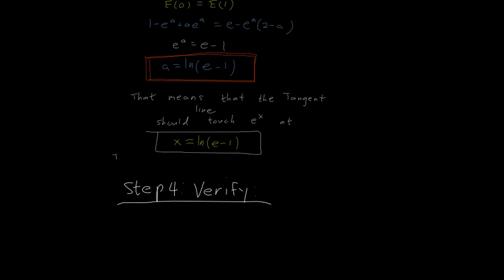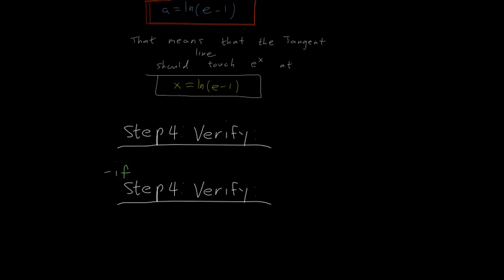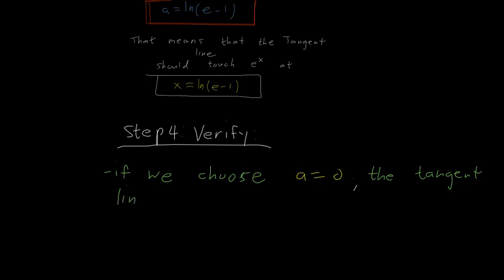So if we choose a equals 0, the tangent line is very accurate near 0, but worse than 1.